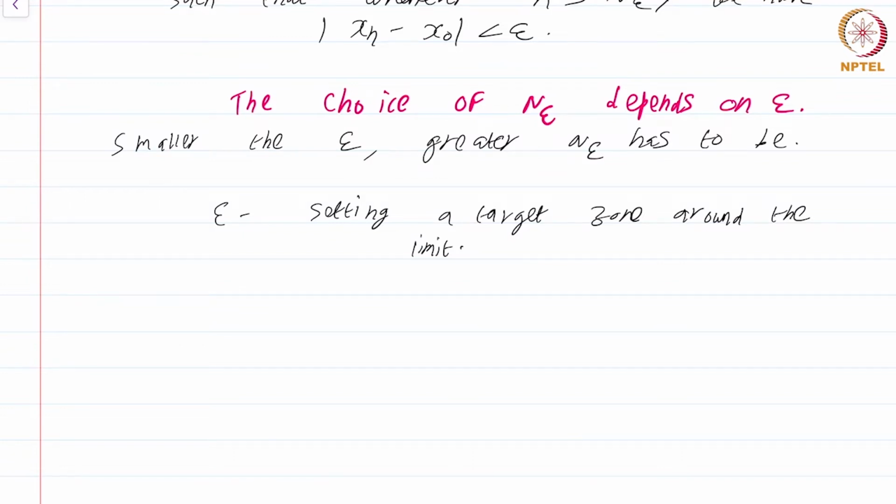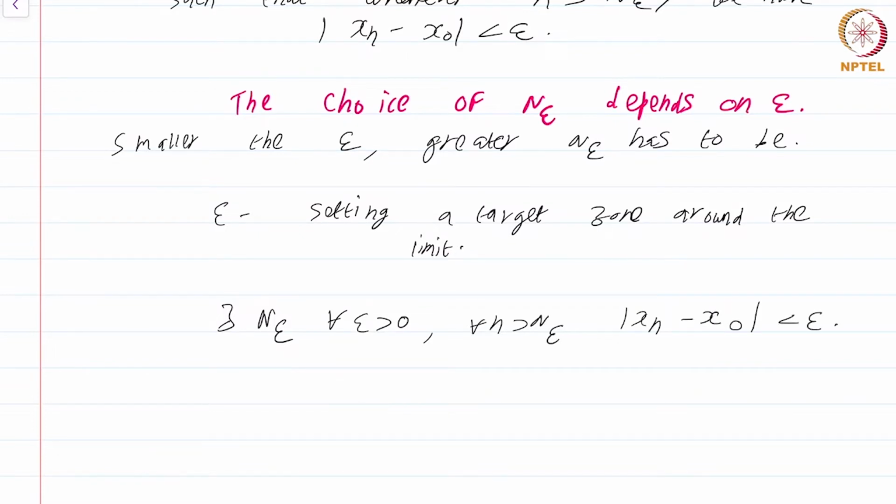Now, if we had interchanged the role of epsilon and N_epsilon, that is interchange the quantifiers, we will get the following statement. There exists N_epsilon such that for all epsilon greater than 0, for all n greater than N_epsilon, |x_n - x_0| < epsilon.